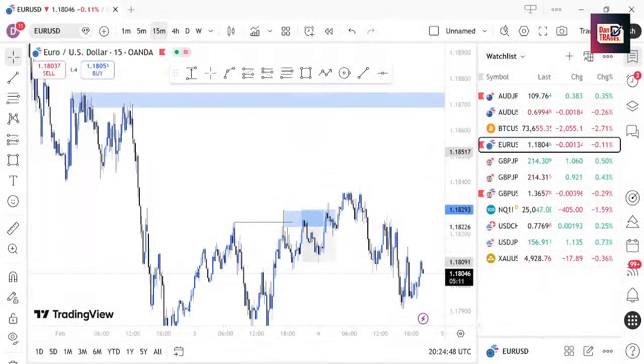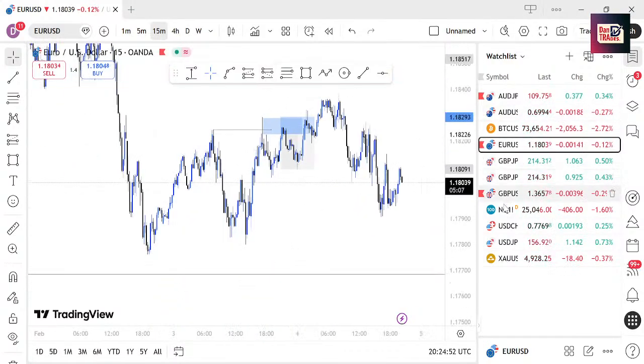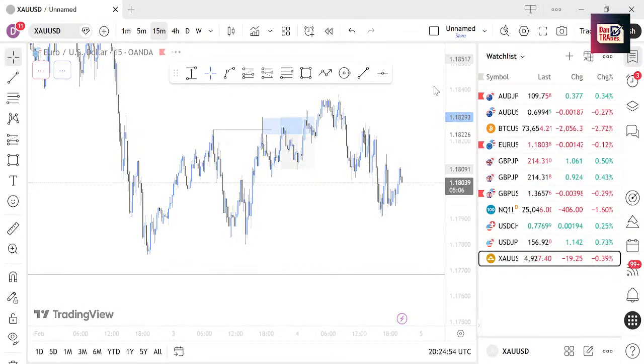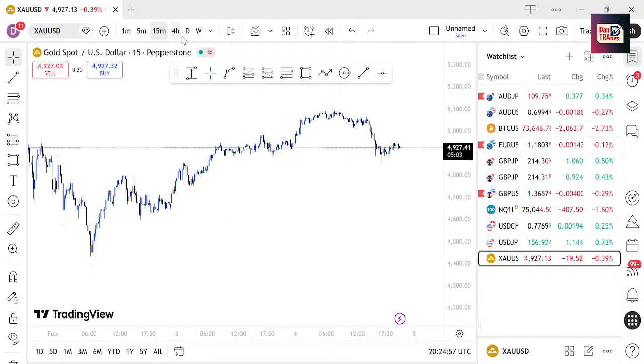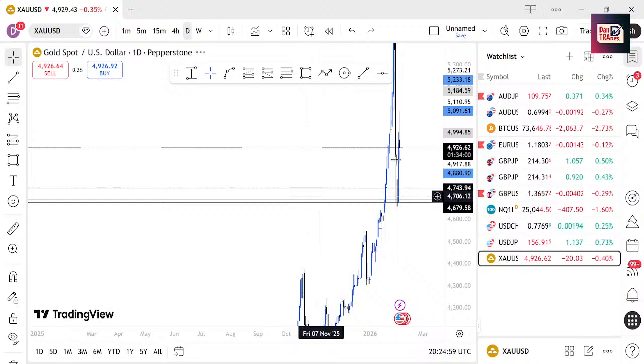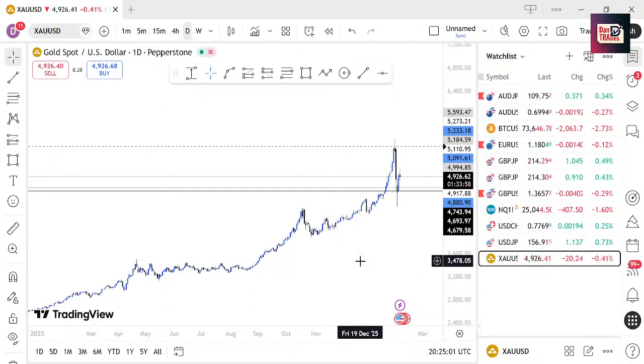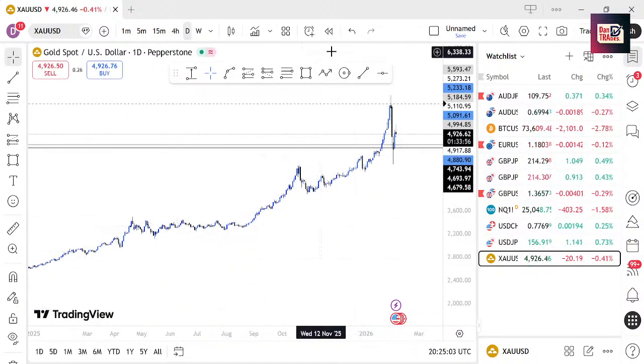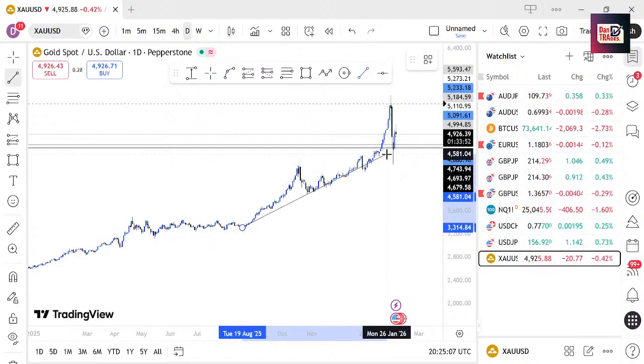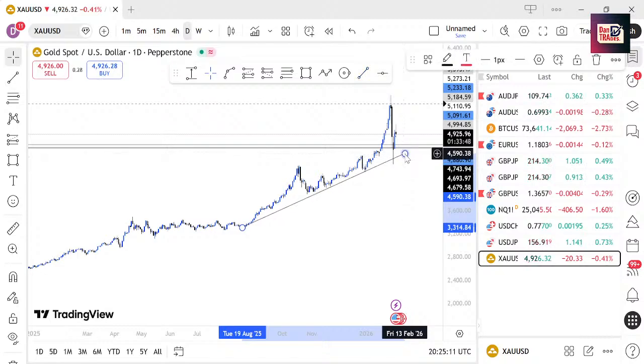Let's try and see if we can get some on our charts. Gold is in an uptrend. That's simple to get. As you can see, this is a steep trend. This one is an uptrend. You can see I drew the line and it's showing price going to the upside direction.